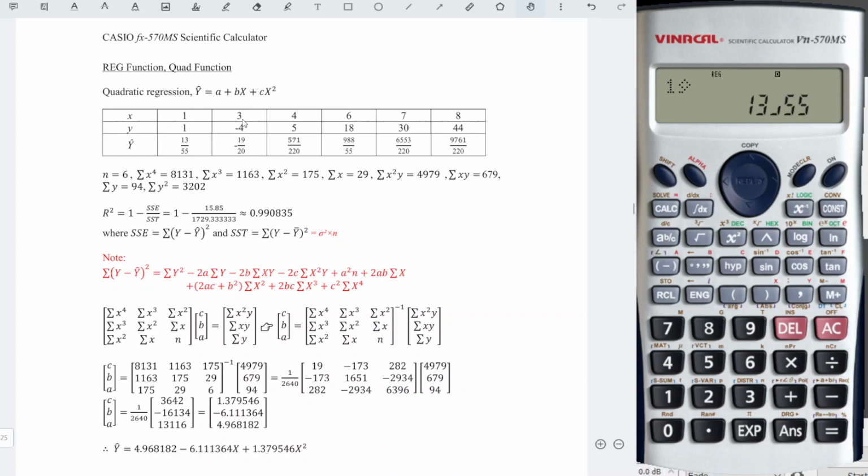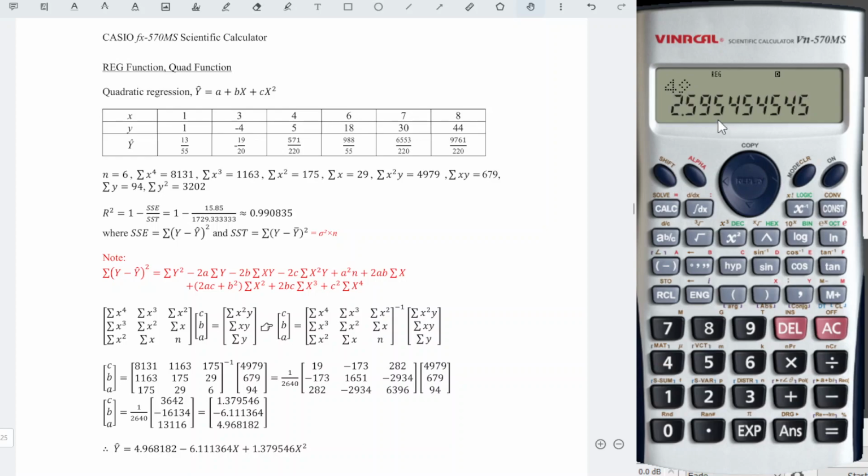Then next, 3. We can repeat the same steps, press 3 and Shift 2 again and look for y hat. Or to make it simple, we just press the right button and change 1 to 3, and we press equal. This will be faster. To be consistent, we can also convert to fraction. Then we change 3 to 4 now, and we press equal.